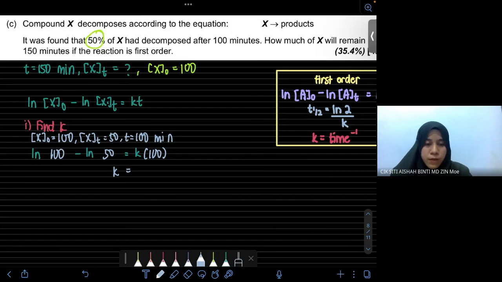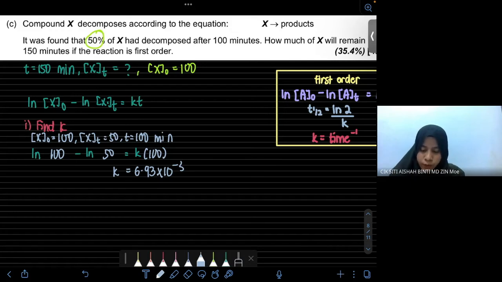So how much is your k? When you calculate it, the answer will be 6.93 × 10^-3. Let's check again. Okay, exponent negative 3.